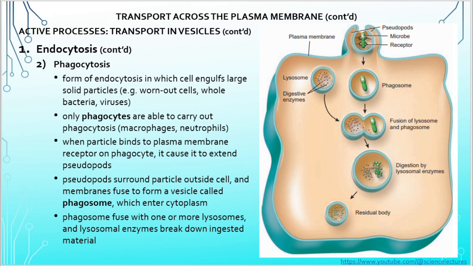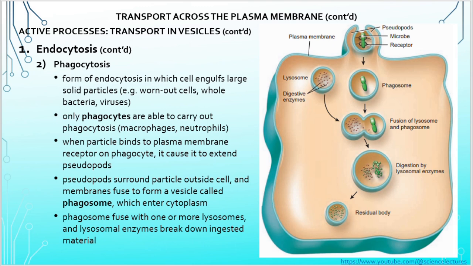Phagocytosis begins when the particle binds to a plasma membrane receptor on the phagocyte, causing it to extend pseudopods. These are projections of the plasma membrane and cytoplasm. Pseudopods surround the particle outside the cell, and the membranes fuse to form a vesicle called a phagosome.